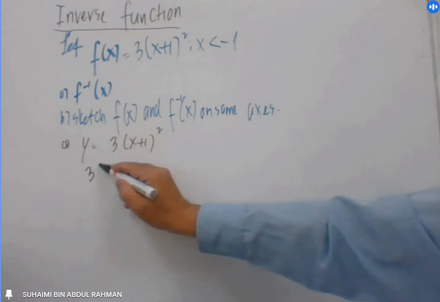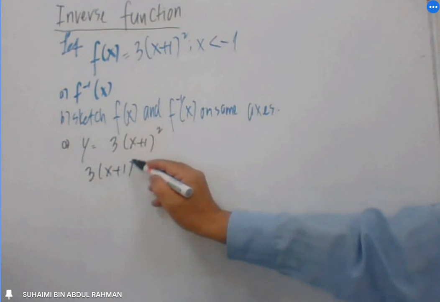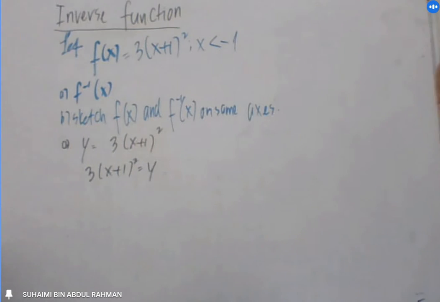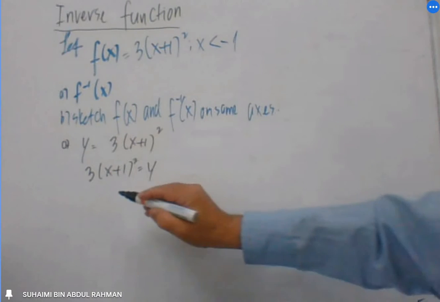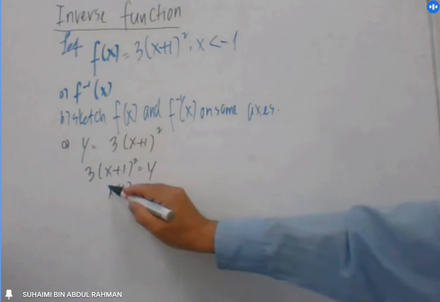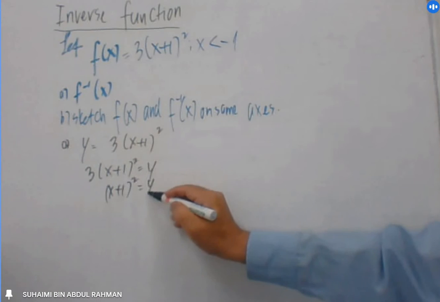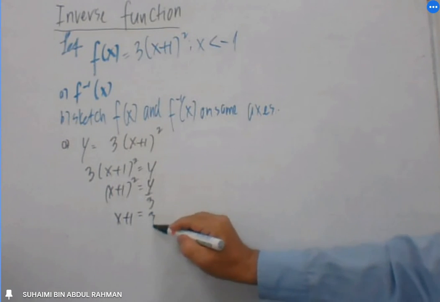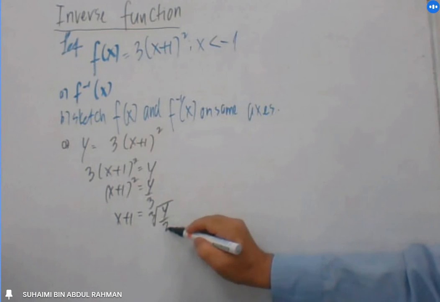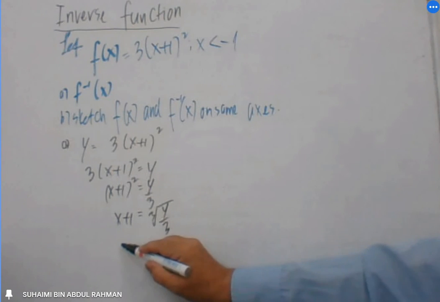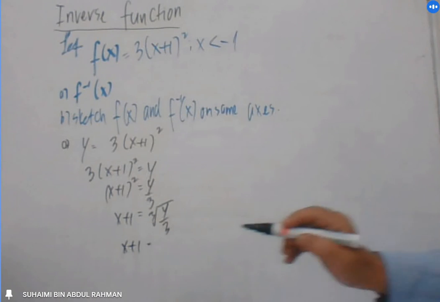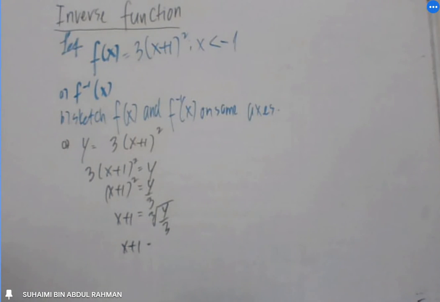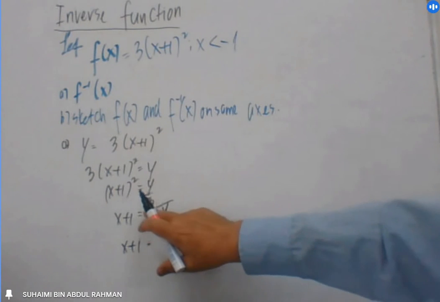So we rewrite x in terms of y. 3(x plus 1) squared equal to y, (x plus 1) squared equal to y over 3, x plus 1 is the square root of y over 3.